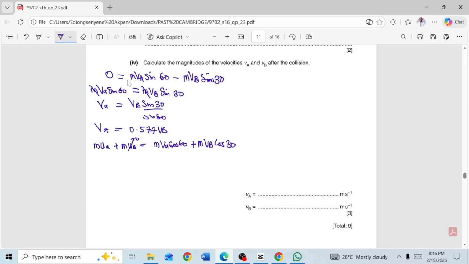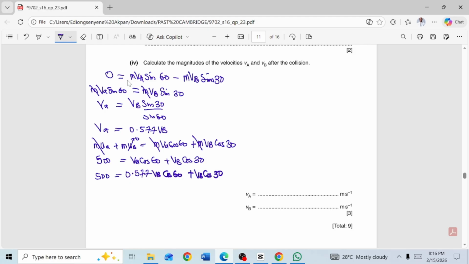Let's cancel out the masses since they are the same, so we can focus on the remaining. 500 equal to VA cos 60 plus VB cos 30. But our VA is 0.577 VB. So 500 equal to 0.577 VB cos 60 plus VB cos 30.